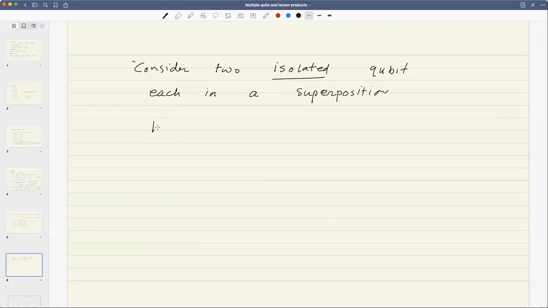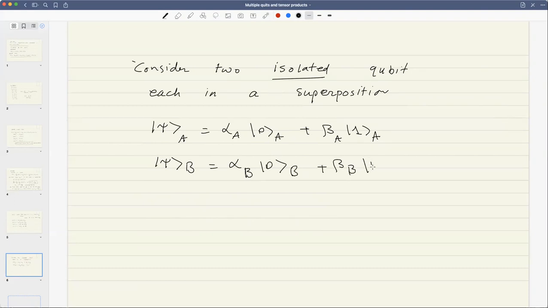So qubit A is in this state, let's say psi A, which is alpha A 0 of A plus beta A 1A. And qubit B is again in a similar superposition. So alpha B 0B plus beta B 1B.